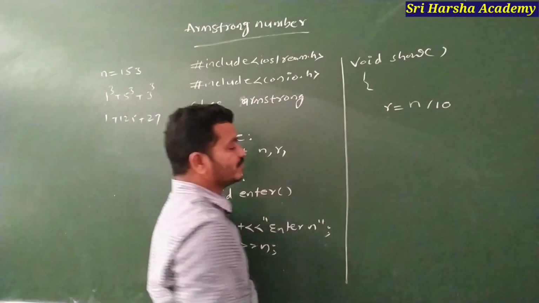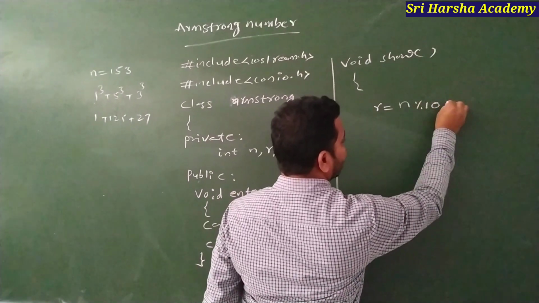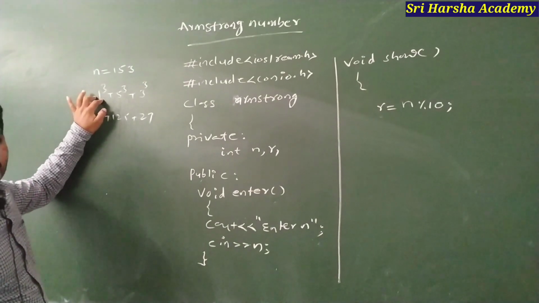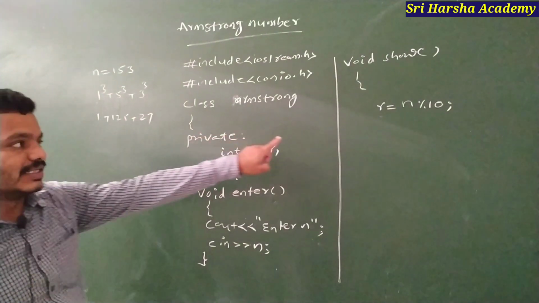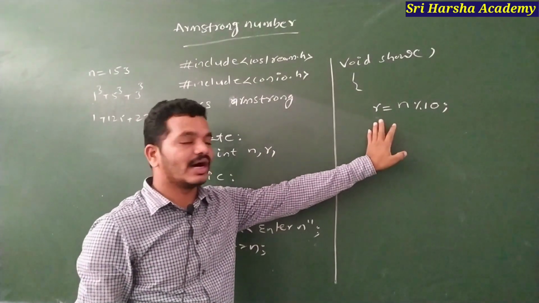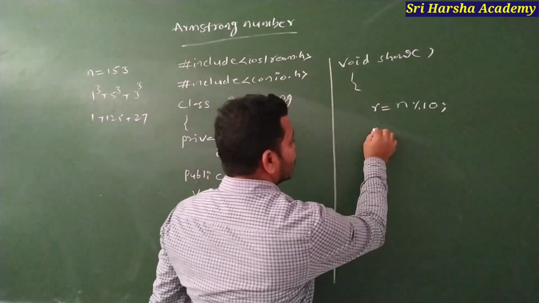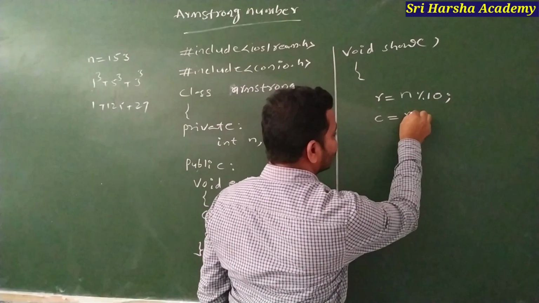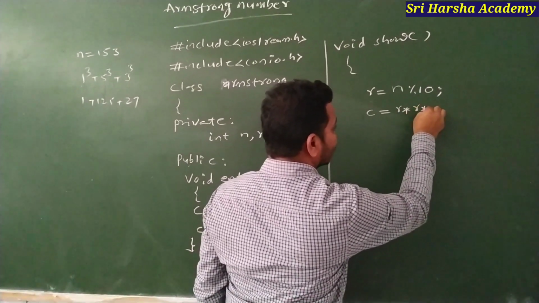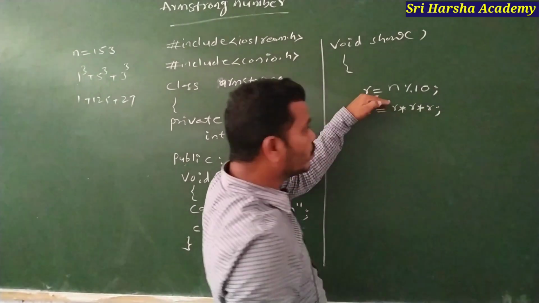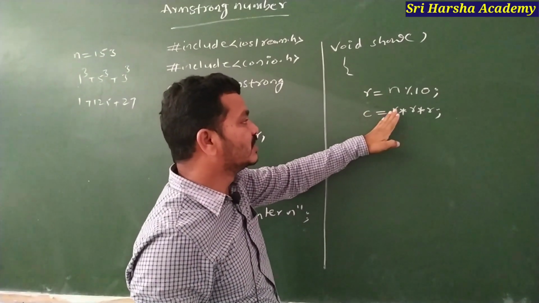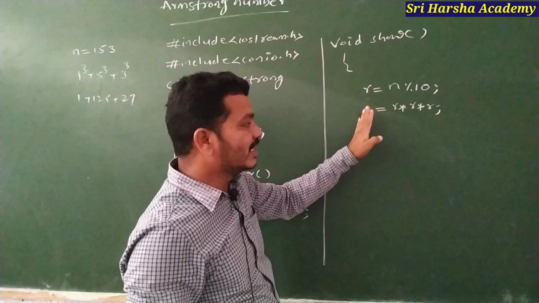Next, to find the cube value of that digit, whatever r value we get, that is r into r into r. The cube of this digit is assigned into c.